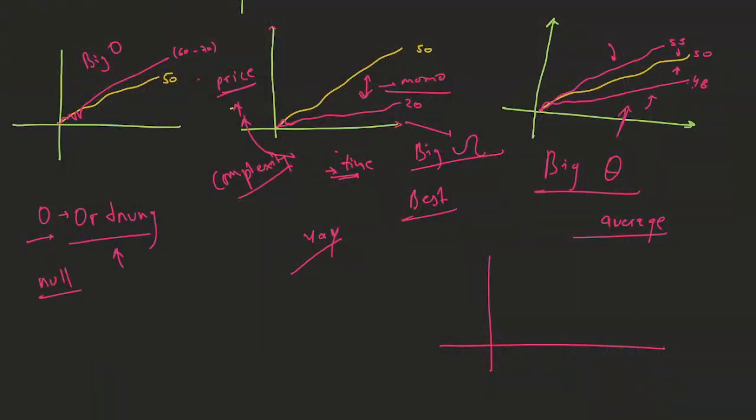So I think you got the point. It's time and space. Space means the storage. And the second factor is the size of the file, which is the input.